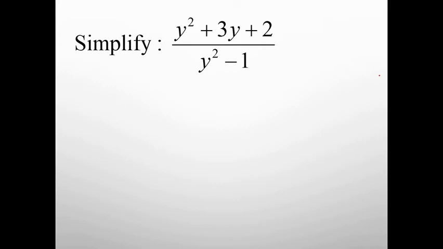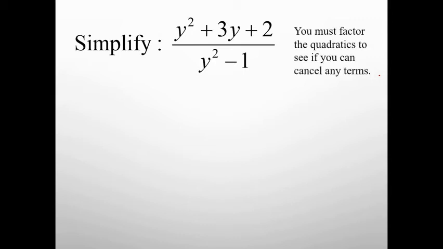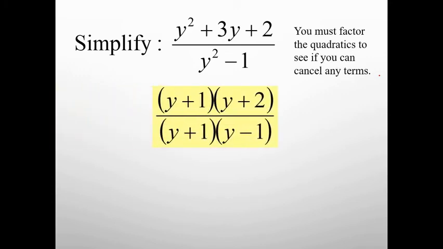What about this? We have a quadratic and a difference of squares. So how would these factor? Okay, right, you must factor the quadratics to see if you can cancel any terms.